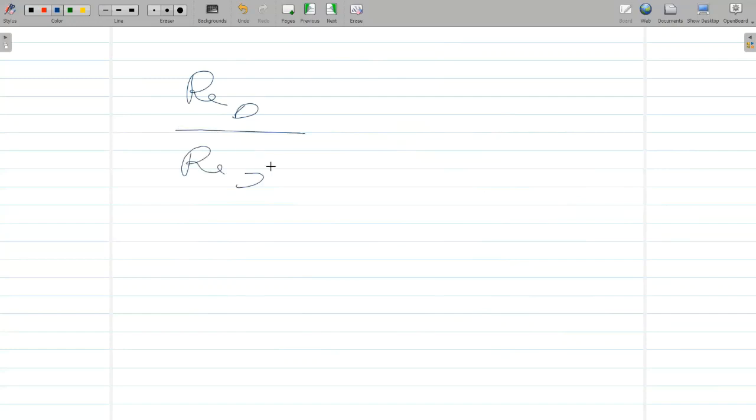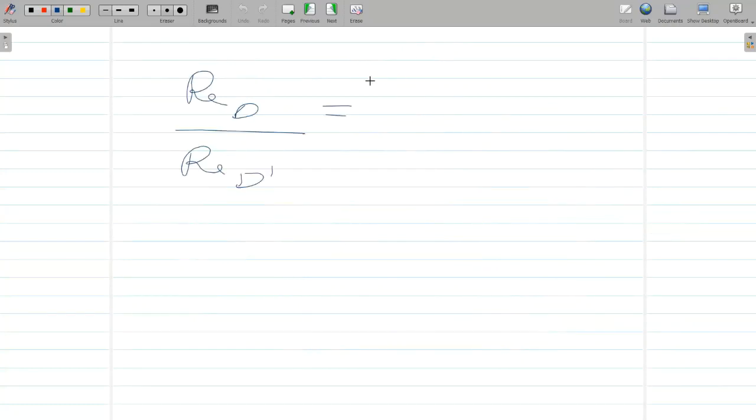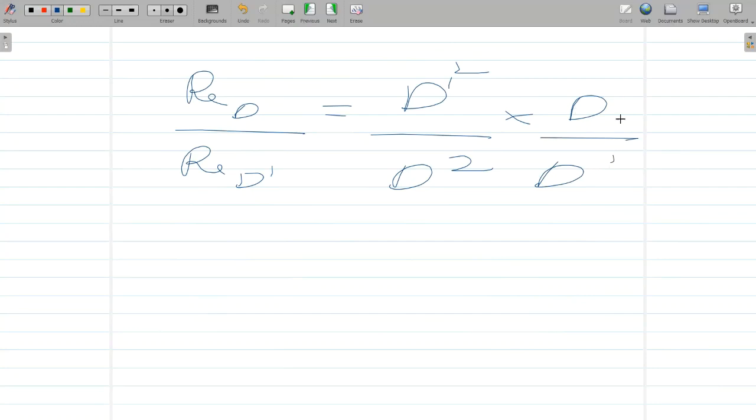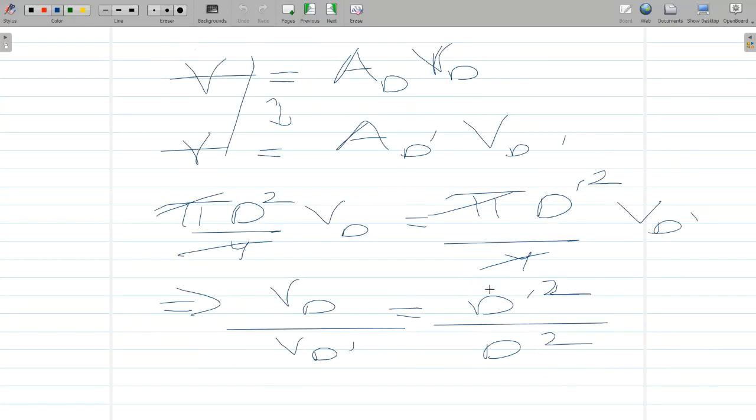Re_D by Re_D prime is nothing but Vd by Vd prime, that is D prime square by D square into D by D prime. So D by D prime came from the older ratio that we looked into, that is this guy. And Vd by Vd prime was replaced as this.